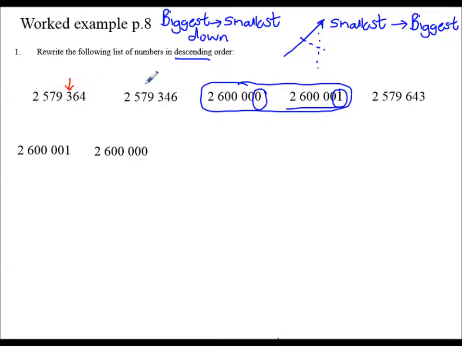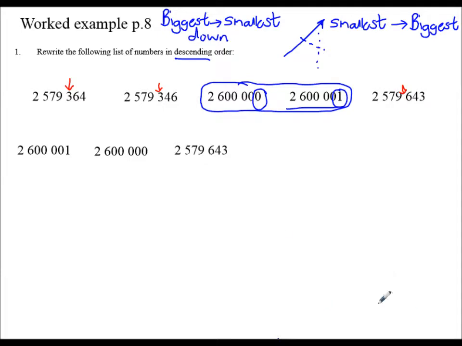Well, I have a 3, 300, 300, 600. Well, 600 is definitely bigger than 300, so this would be the next number in my sequence: 2,579,643.